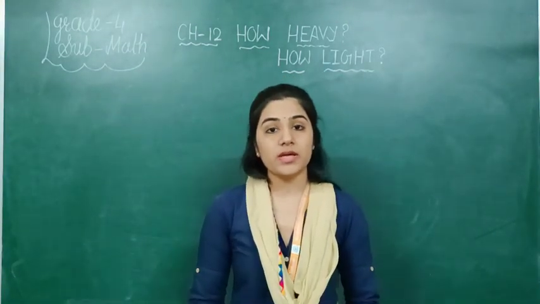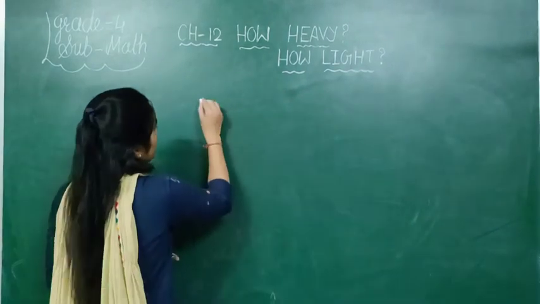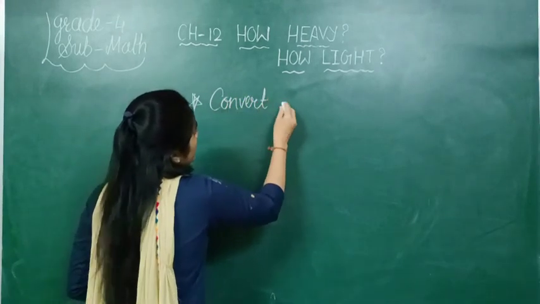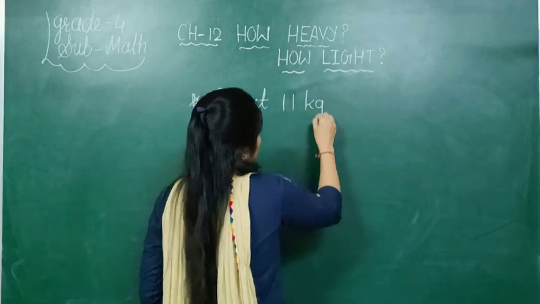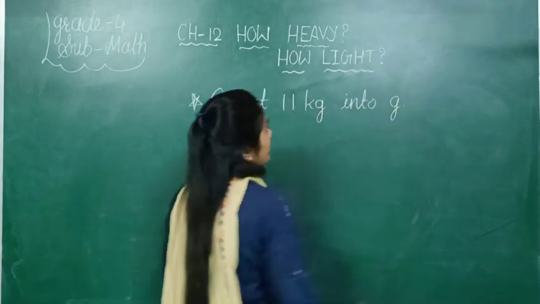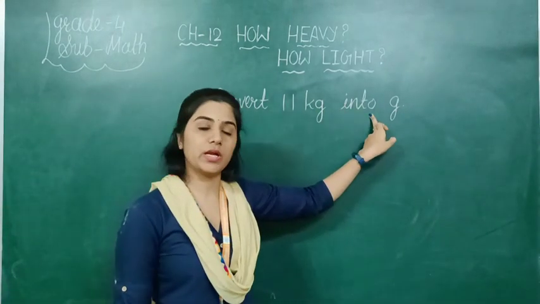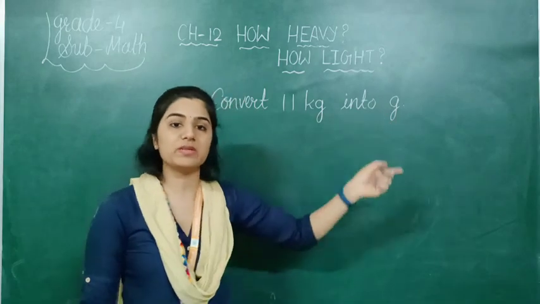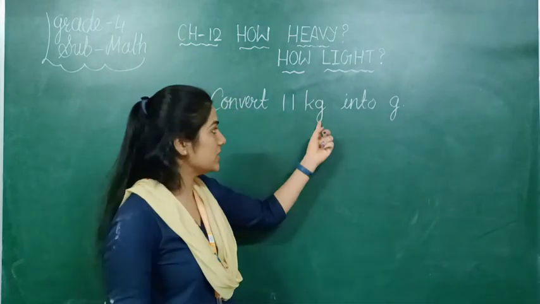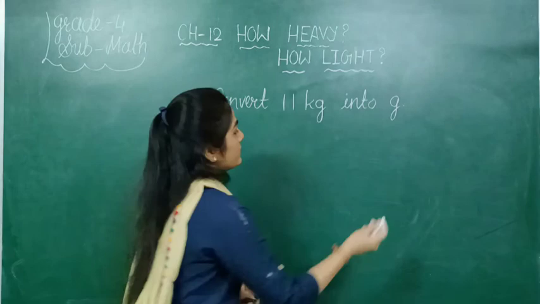Now suppose the question is like this, opposite from the previous one: convert 11 kg into gram. That means we are converting kg into gram, opposite from the previous one. Previously we converted gram into kilogram, small to big, and in this we are converting kilogram to gram, big to small.